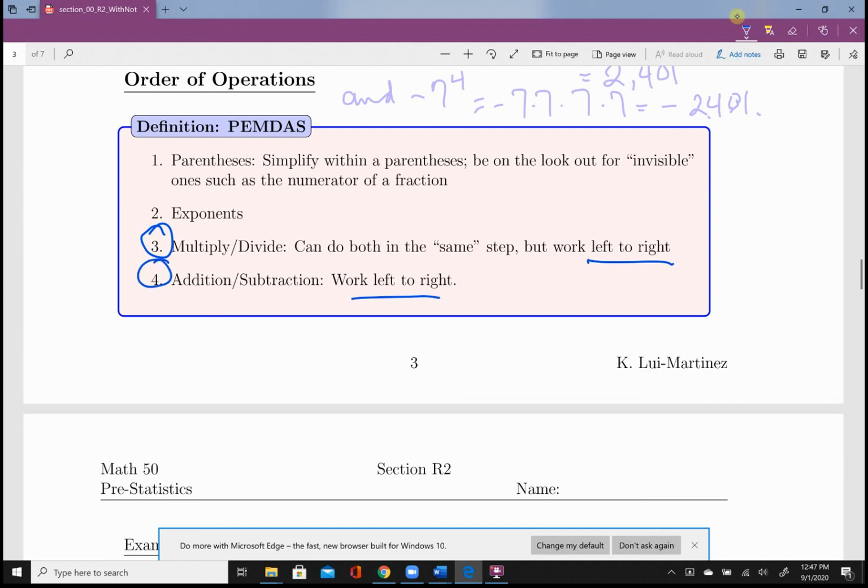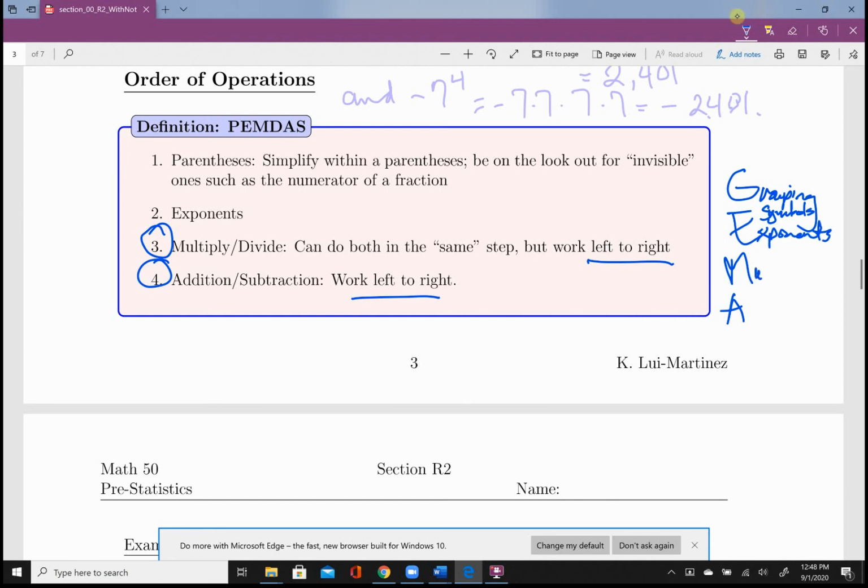If you want an alternative, I offer GEMA. Which is to say, G is grouping symbols, E is exponents, same as PEMDAS and other acronyms.